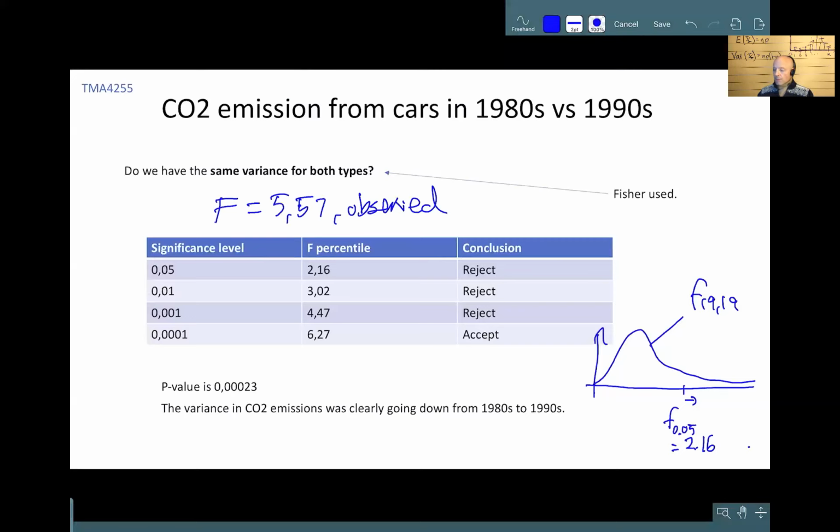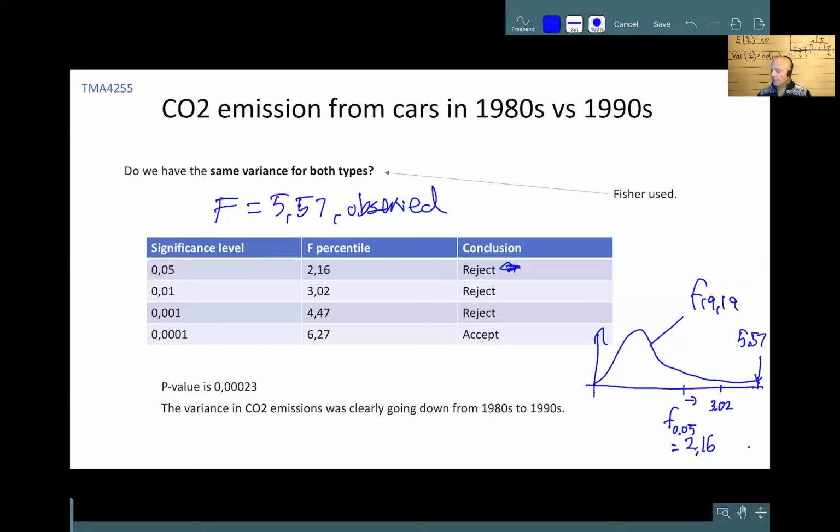Our observation is clearly larger than 2.16. So that means at this significance level, we reject. That's what we say here. We reject. And if we continue increasing this significance level, so this is the 0.01 significance level, we again reject because we end up much higher. So we end up here, 5.57.